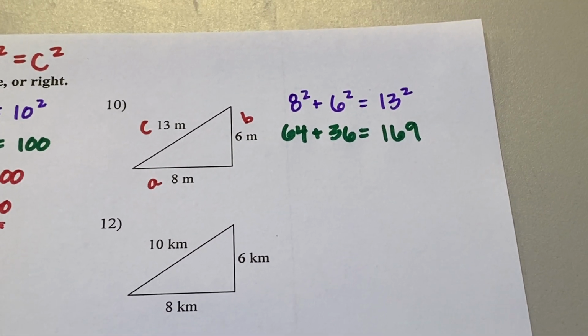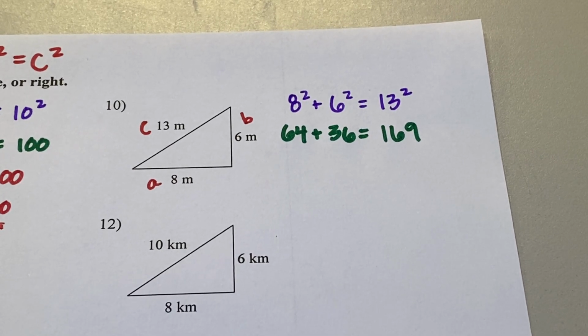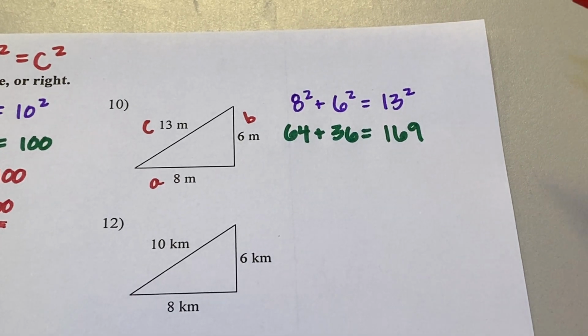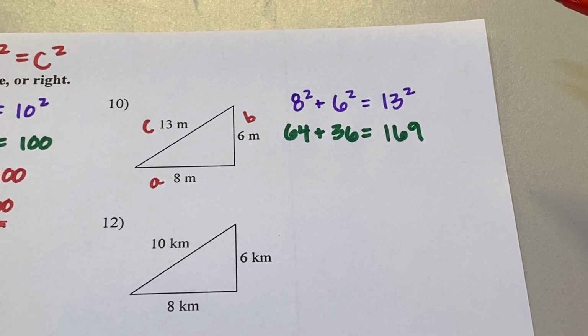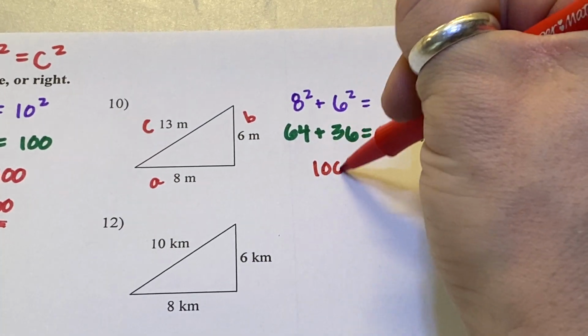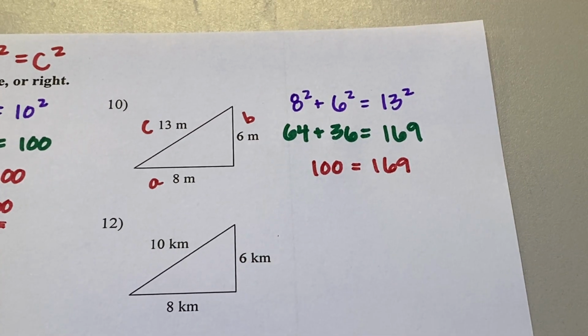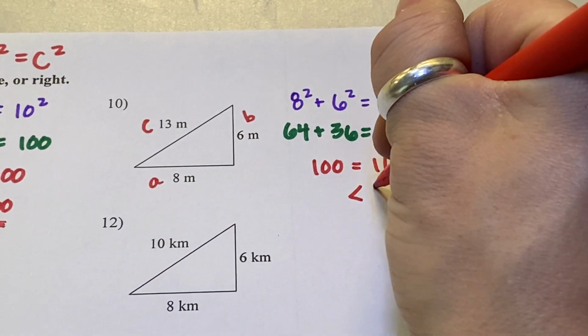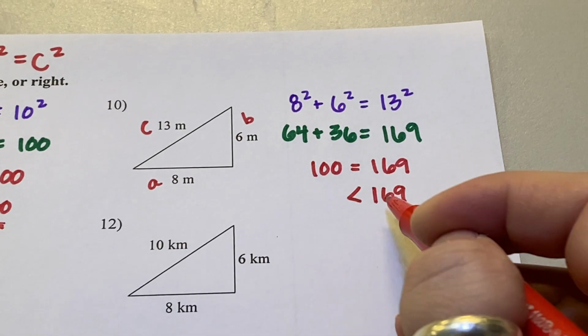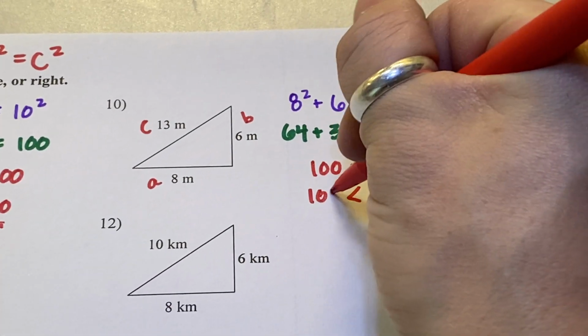Okay, let's add these two numbers together, my A and B. What is 64 plus 36? 100. Does 100 equal 169? Nope. No. Definitely not. Okay, which one's bigger though, 100 or 169? 169. So this guy, this time our C was bigger than A and B.